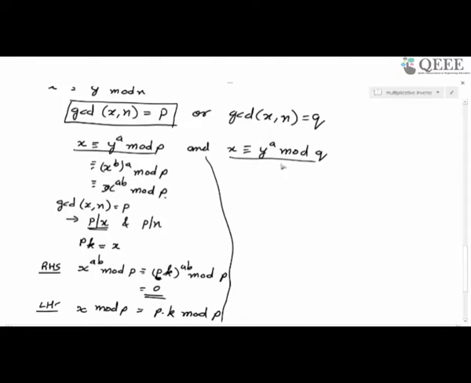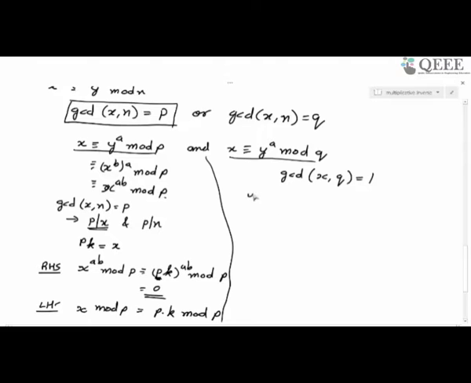Now one thing you would notice is that since p and q are relatively prime, the GCD of x comma q will be equal to 1, right? Because q is a prime number.